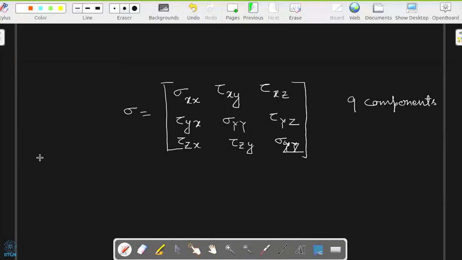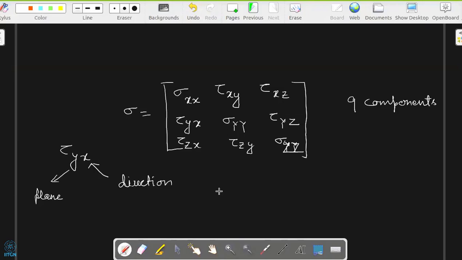Now let's consider any tau. What do these subscripts represent? The first subscript represents the plane on which it is acting, and the second subscript represents the direction along which it is acting. So apart from the magnitude, we require two directional senses.